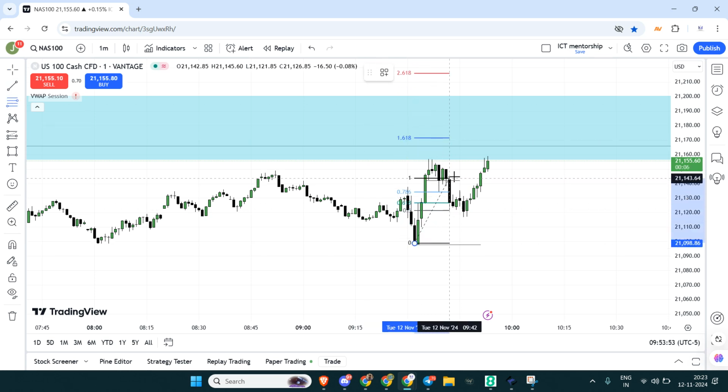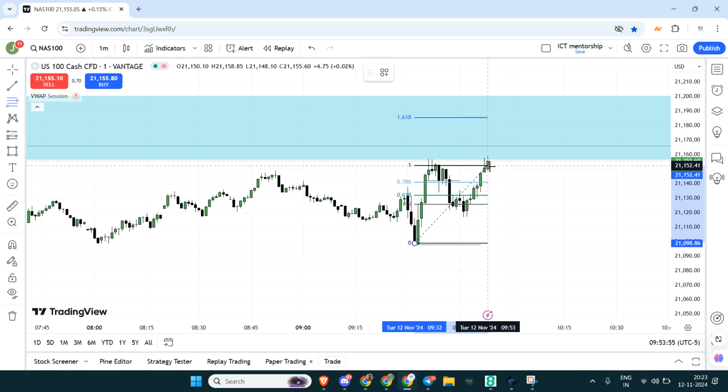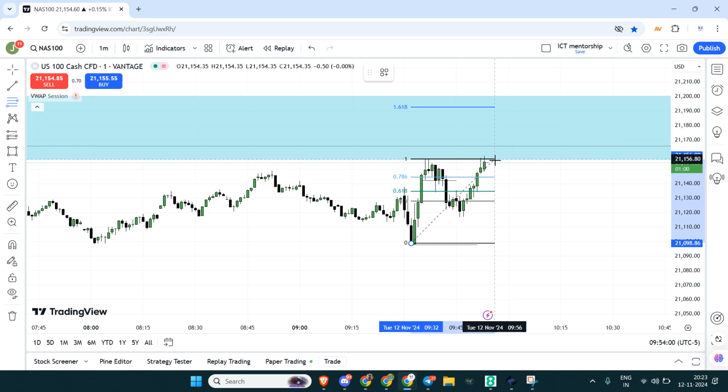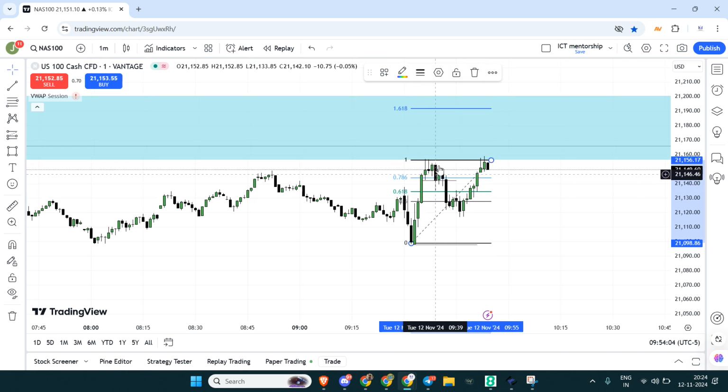So there's a leg. This is what we are calling a leg, and when we are drawing a Fibonacci retracement, according to ICT, the price will be retracing below the 0.5 level.